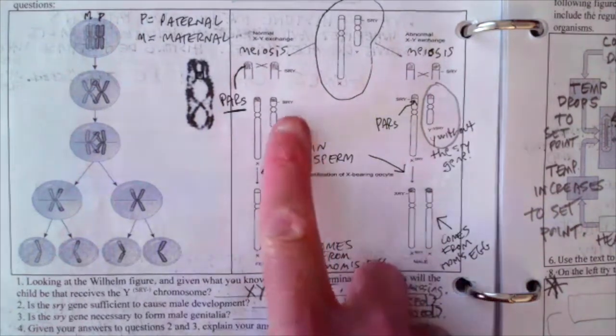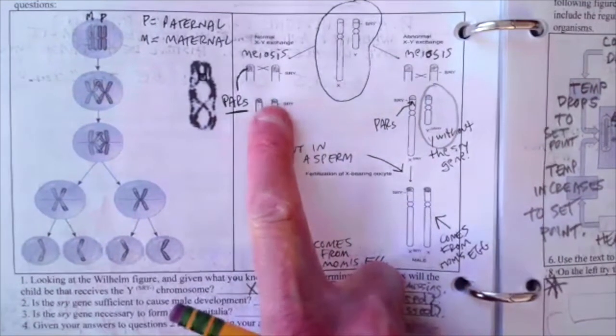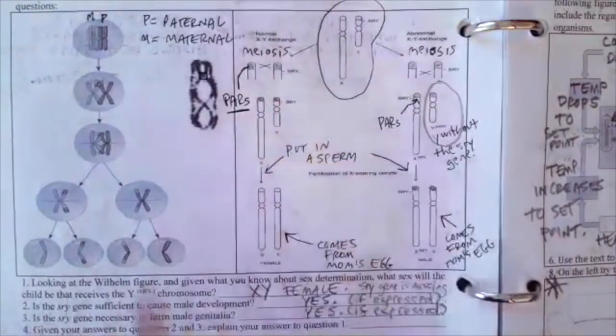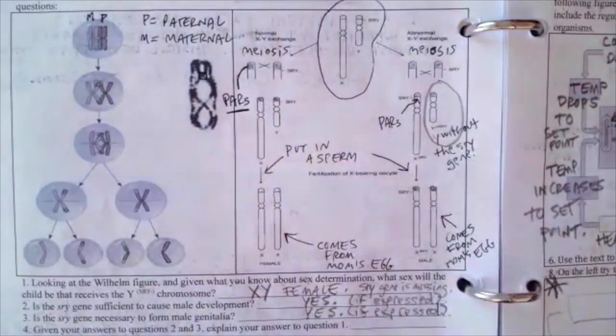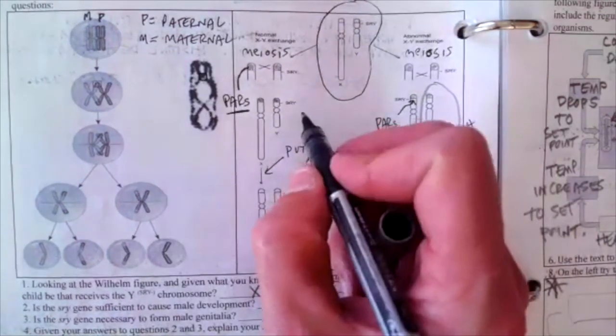No, it's on the opposite side, on the bottom of the Y chromosome. No, the pars is what I colored in right here. So the SRY gene is right below it? Yeah, it's right below it. So the SRY gene, would you say it's close to the pars or far away?